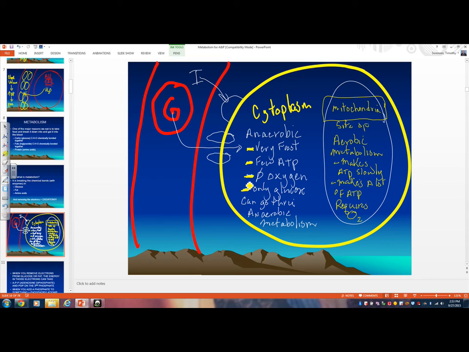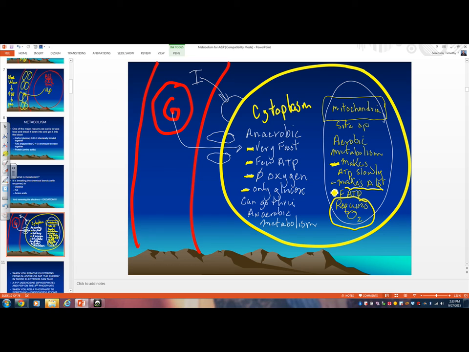After the anaerobic phase, there are 2 phases in the mitochondria. And the mitochondria we talked about. It's where you perform aerobic metabolism. And aerobic metabolism means that an absolute requirement is that it requires oxygen. Now, aerobic metabolism is much slower, makes ATP much slower, but it's the complete breakdown of glucose, and because of that, you make a lot of ATP, a ton of it.